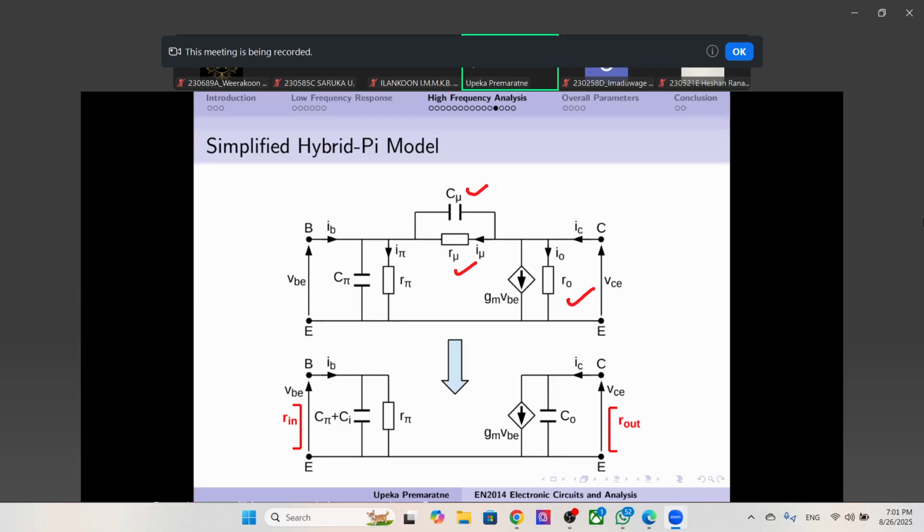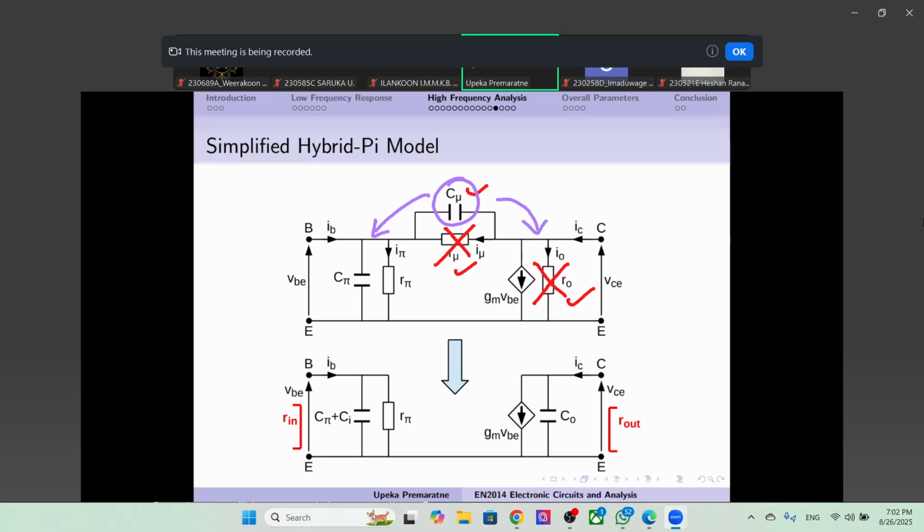We are able to eliminate R naught because it is large compared to 1 over R simple E. We can also eliminate R mu because it is very large, and approximate it to an open circuit, and we can break down C mu into the Miller capacitance for the input and the Miller capacitance for the output.